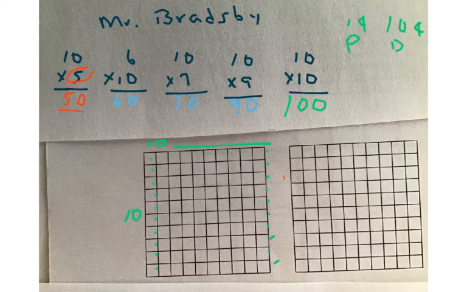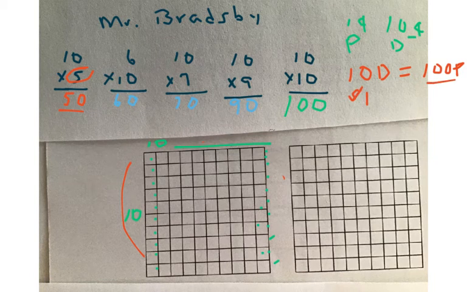You take 10 dimes, just like here, over here, 10 tens. You take 10 dimes, and what do you get? You get 100 pennies, or $1. A dollar is 100 pennies. So 1 penny, 10, 100.